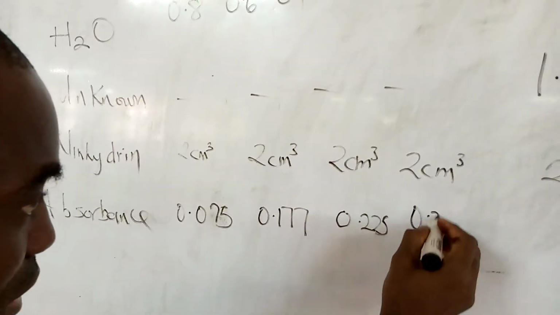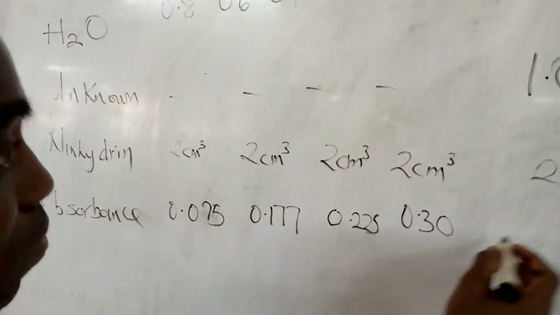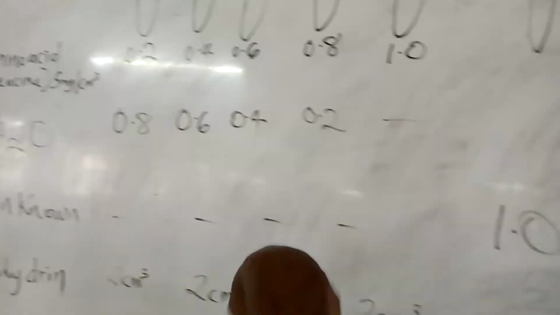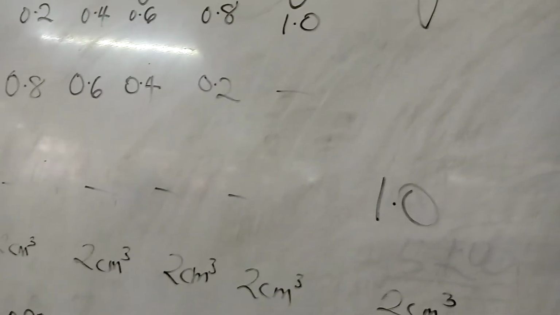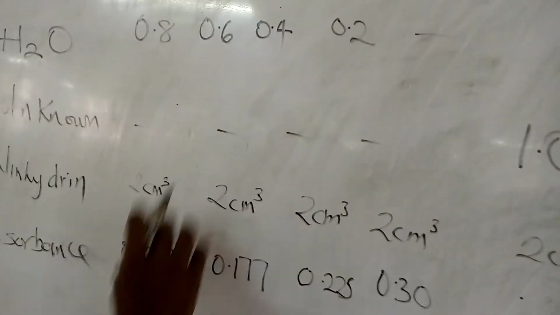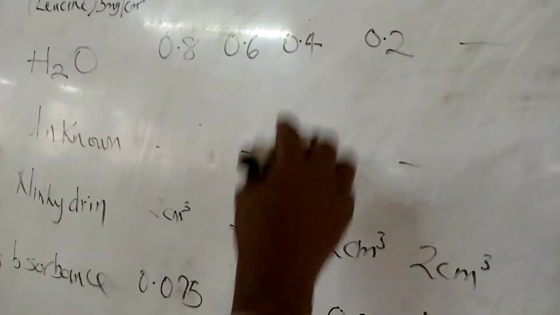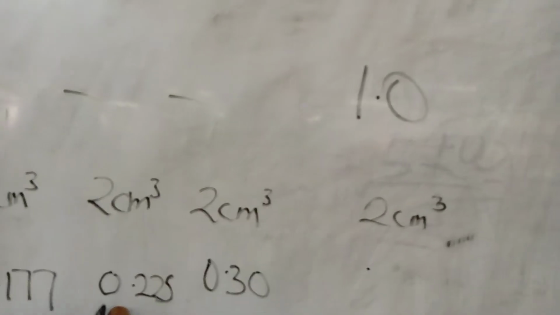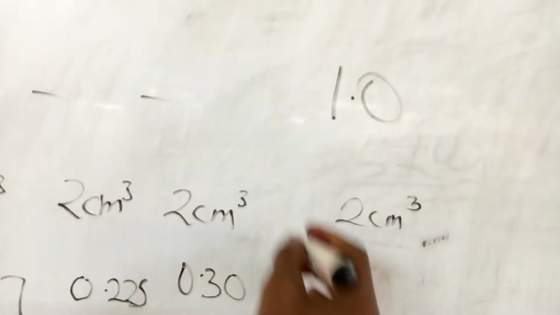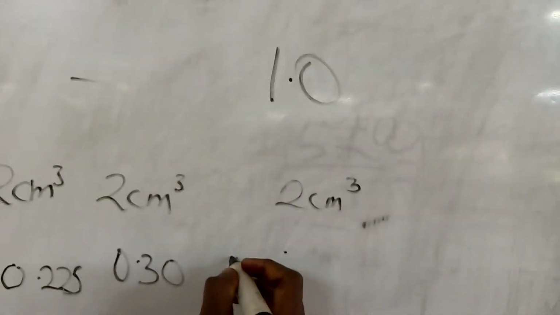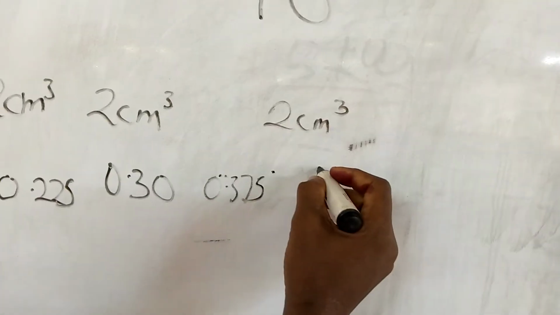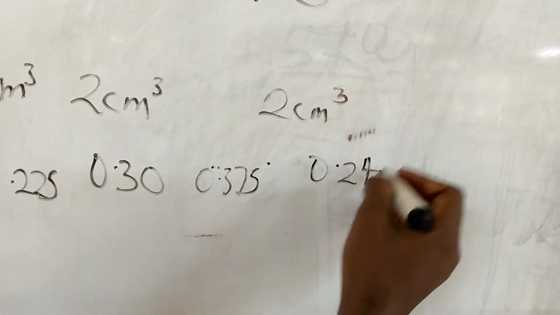The next one, 0.30, that's tube 4. Then tube 5 is 0.375, and then our unknown is 0.240.